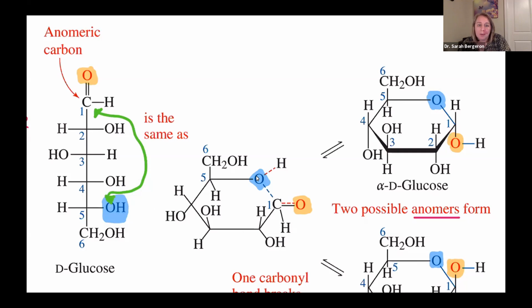So let's see if that worked. We're going to start here. 1, because that's this carbon right here. 1, 2, 3, 4, 5 carbons and 1 oxygen. So that makes 6 atoms in my ring. Be very careful about that. You need to practice that, okay?